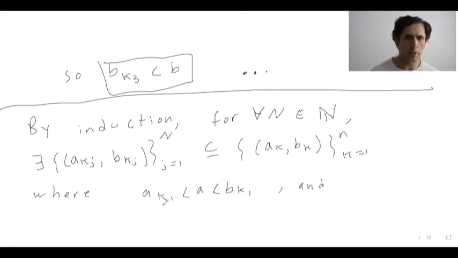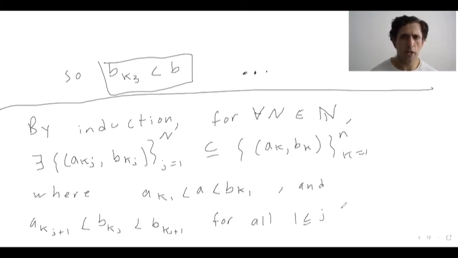So that's our first thing. And the second is just what we've had before: akj plus bkj is between akj+1 and bkj+1. This is for all j between 1 and n minus 1.